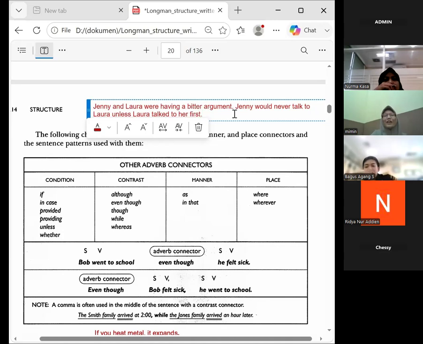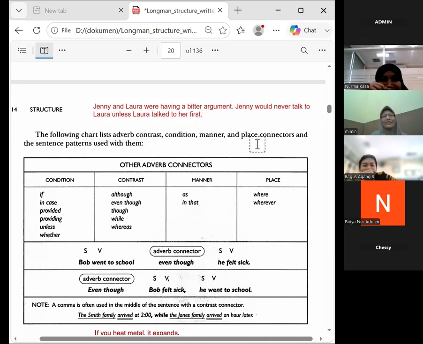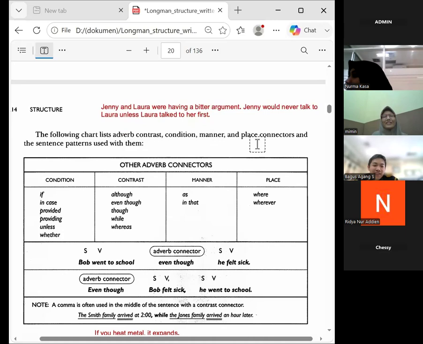So what is the meaning of unless? Kecuali? Yeah, kecuali jika, or except if, or if not, jika tidak.